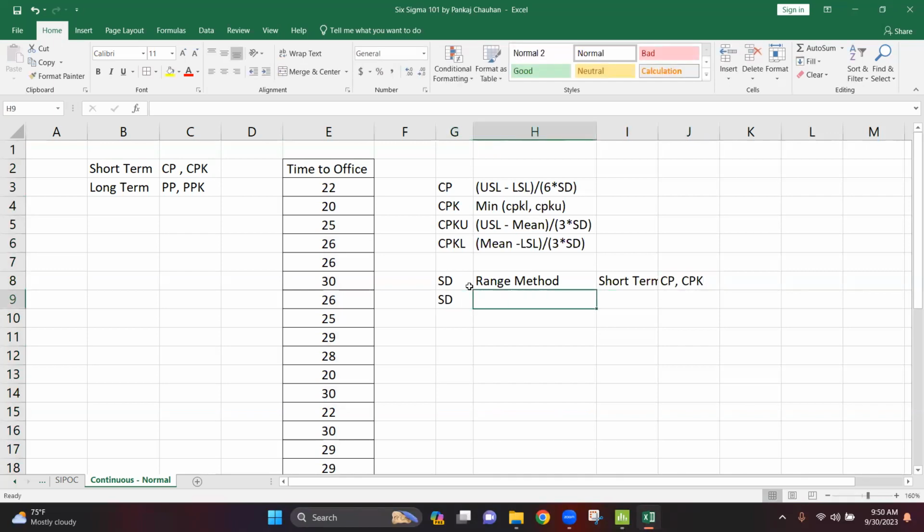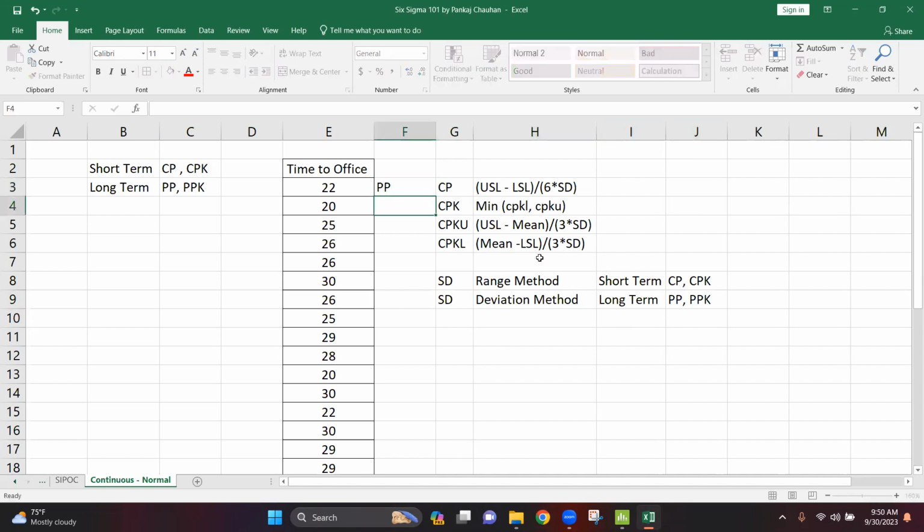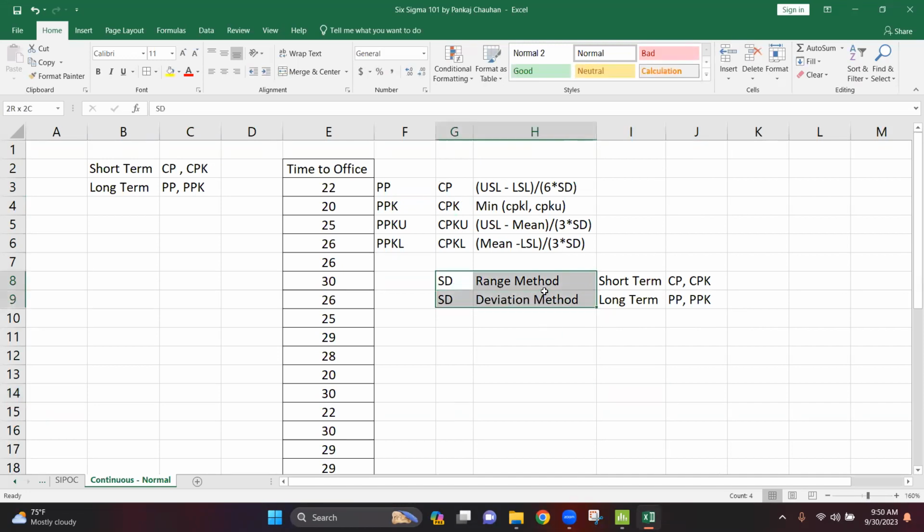In case we are using the deviation method for standard deviation, then you are calculating for the long term, and long term means PP and PPK. The formula remains the same: CP can be your PP, CPK can be PPK, CPKU can be PPKU, or CPKL can be PPKL. The only difference is which standard deviation you are using: calculated from the range method, or from the deviation method. That's how they are differentiated.